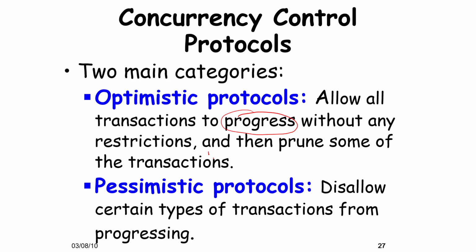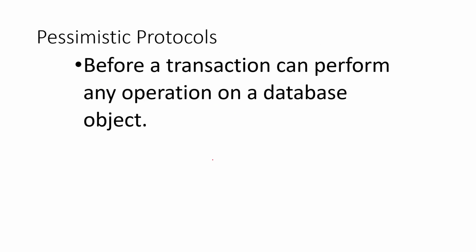In pessimistic protocols, you disallow certain types of transactions from progressing. It's some sort of rate control for transactions, where if you feel that there is a chance of a conflict and a high chance of a transaction getting aborted, you don't launch it in the first place. Pessimistic protocols are mainly used before a transaction can perform any operation on a database object.